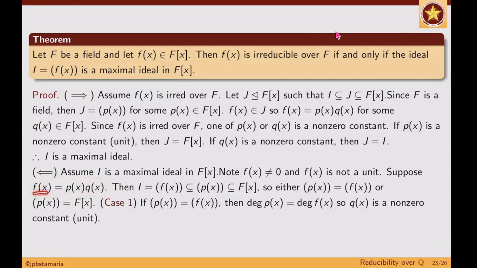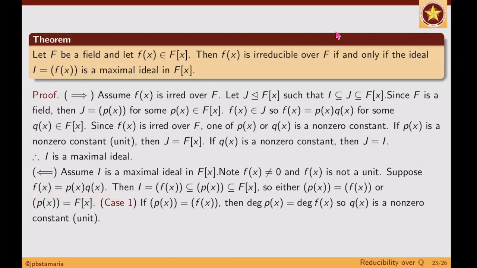Parehas ang degree ng F of X tsaka ng ganito. Look at this equation. Parehas daw ang degree ni P tsaka ni F. Anong totoo about Q? Q of X must be degree 0. In fact, it has to be a non-zero constant. Therefore, a unit. So, magiging unit yung Q of X.